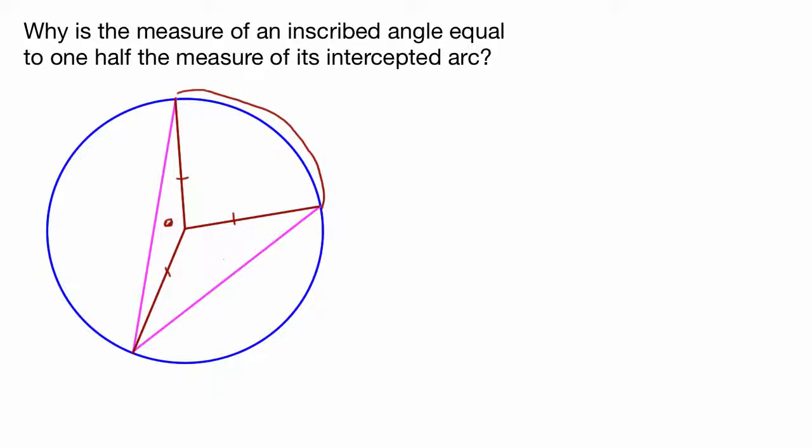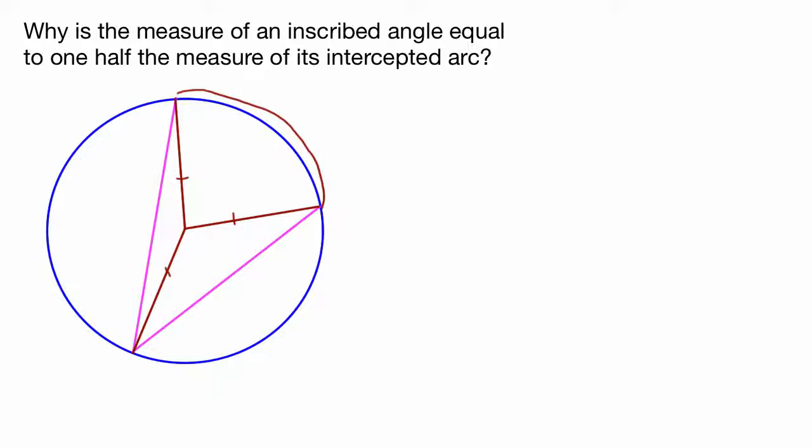Now, what do we know about isosceles triangles? We know that the base angles, so this angle here and this angle here, are going to have the same measure. Likewise, for the other isosceles triangle, this angle here and this angle here are going to have the same measure. So let's mark those off as x, x, and y, y.